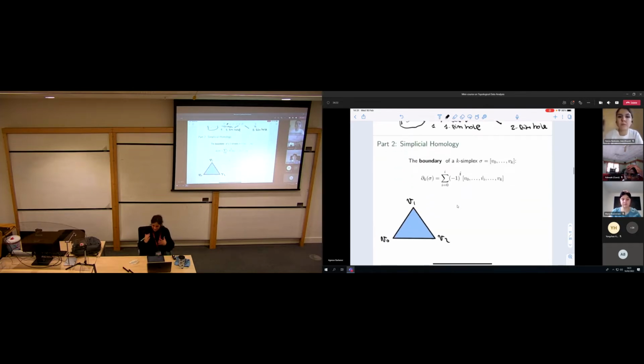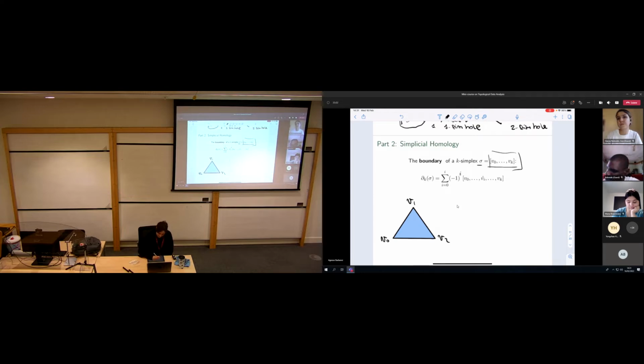Again, I need to go forward with a bunch of definitions. The first definition I'm going to need is the concept of the boundary of a k-simplex sigma. Here you can see it defined combinatorially, using its abstract definition, as a set of k plus 1 points, p naught to p k.